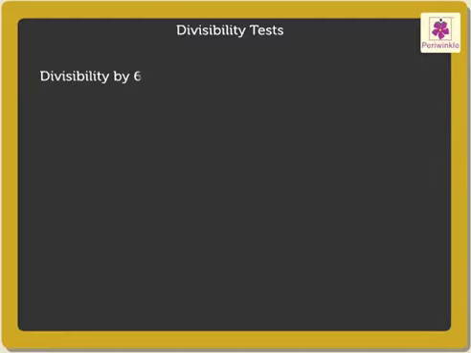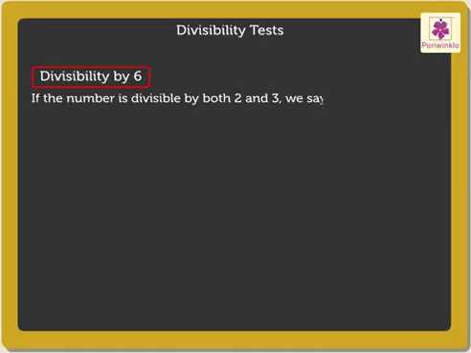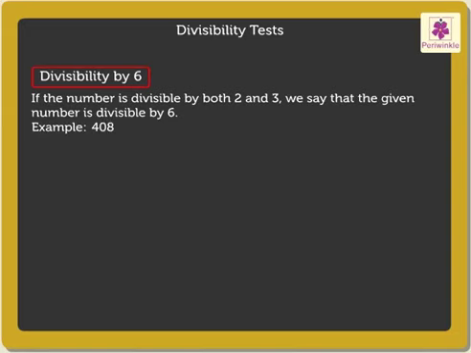Divisibility by 6. If the number is divisible by both 2 and 3, we say that the given number is divisible by 6. For example, look at the number 408. Is it divisible by 2? The number ends in 8.